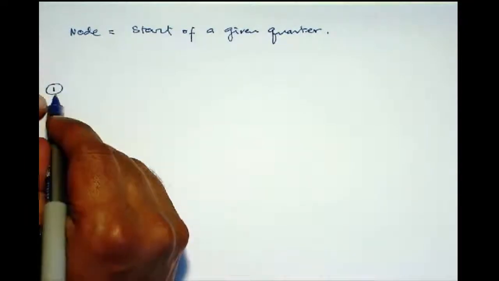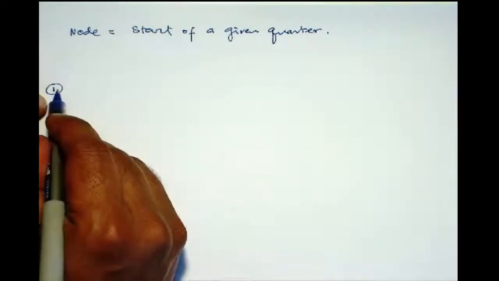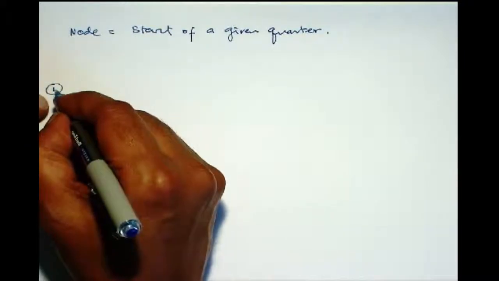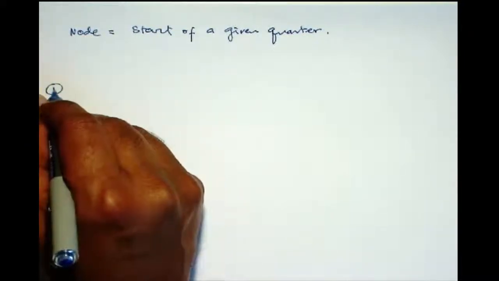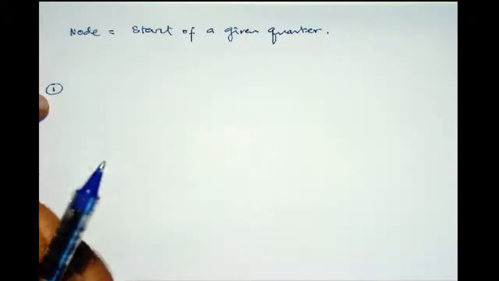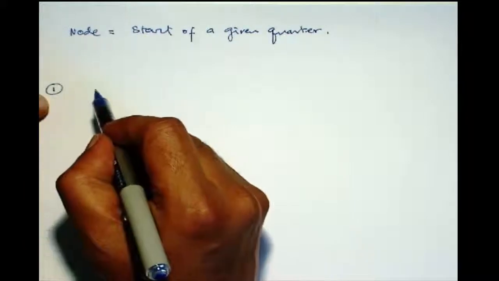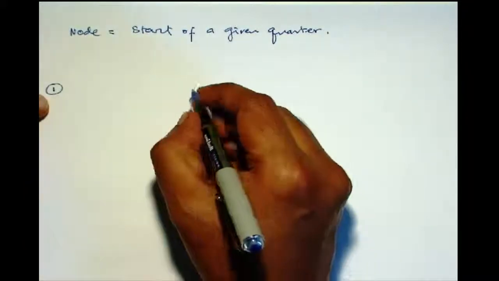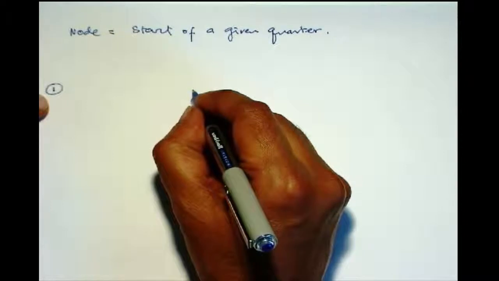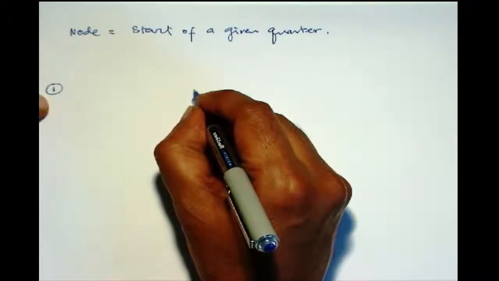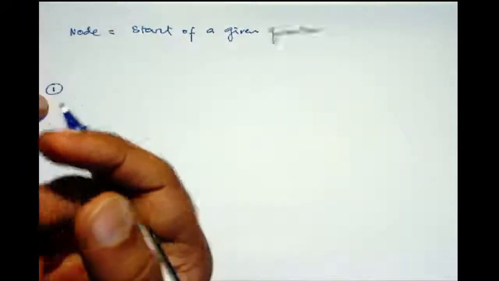If you buy a machine in the beginning of the first quarter, remember we have to keep it for at least 1 year. So that means the first time we can sell is the beginning of quarter 5, because 1, 2, 3, 4 is 1 full year and 5 is the beginning of quarter 5.